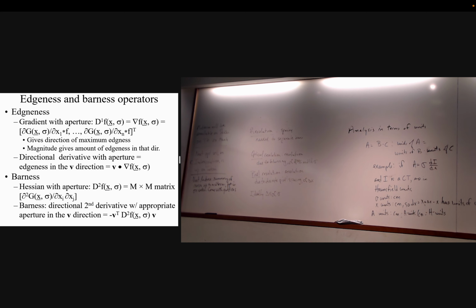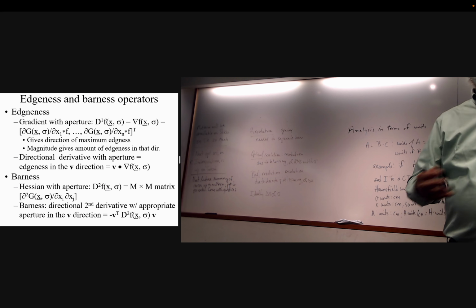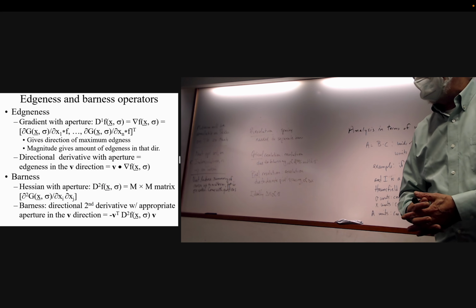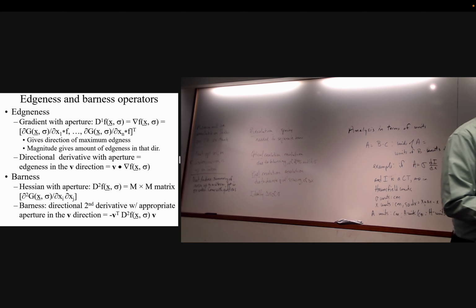And in this section, where we're talking about scale, the critical question we want to talk about is, yeah, but what scale do you measure edginess and barness at? Okay, and we've already talked about that. First of all, we've talked about directional derivatives, and directional derivatives are taken at scale.